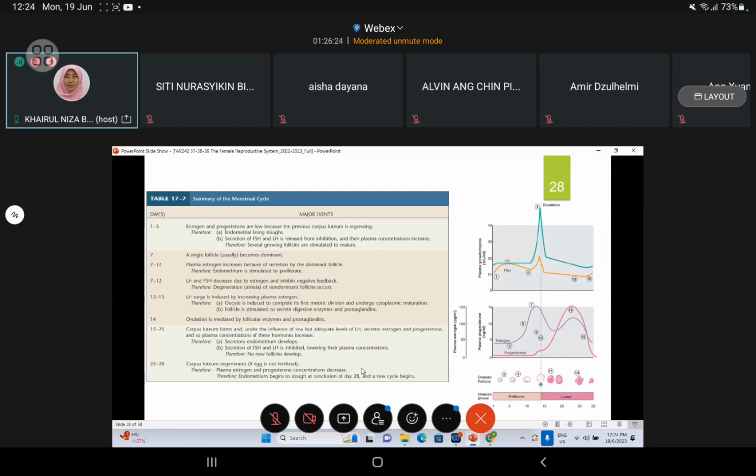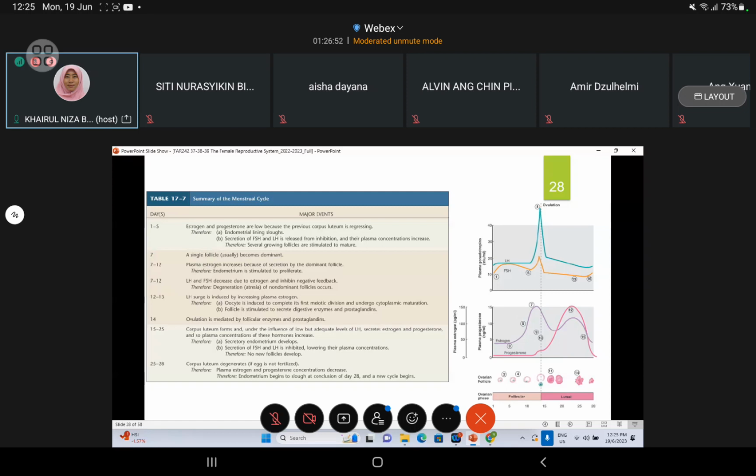and this actually lifts the inhibition on FSH, and a new cycle begins. Okay, so you can see here, you have to remember that at a very low concentration of estrogen in the beginning of the menstrual cycle, FSH will be secreted, and this then goes on to induce the formation of follicles.